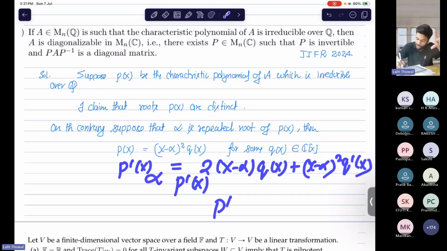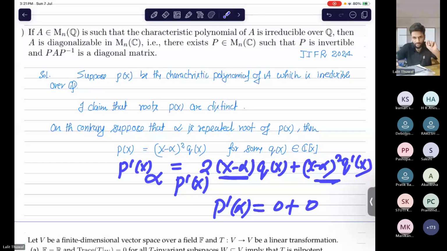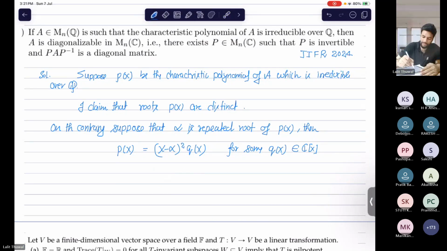Now put alpha in place of x, then this is 0 and this is also 0. So alpha is also a root of P dash x.